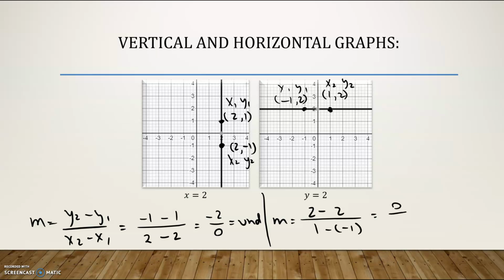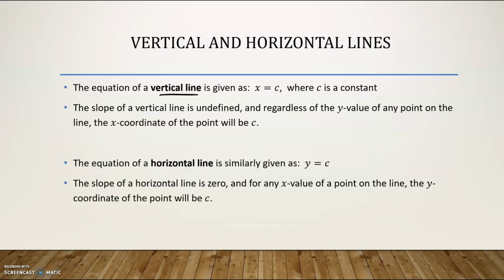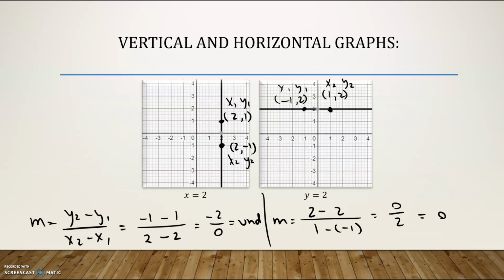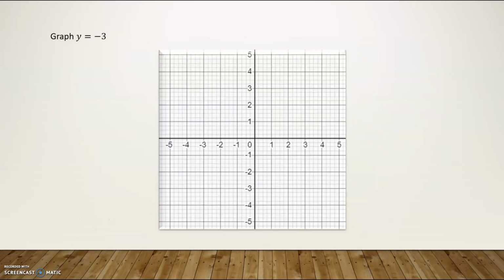Notice the top is 0 and the bottom is 2. 0 divided by anything is always equal to 0. So that's why the slope of a vertical line will always be undefined, and the slope of a horizontal line will always be 0. No matter what vertical or horizontal line you have, this will always be the case.